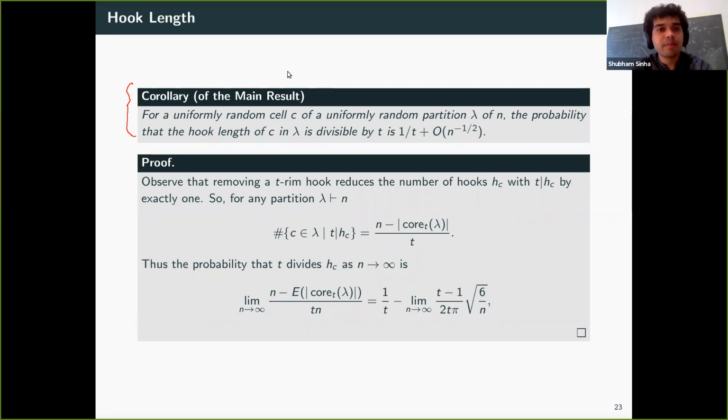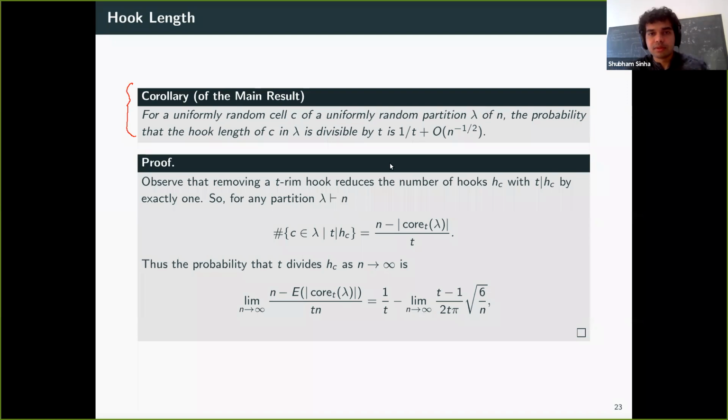So this can be used to give a very nice corollary, which says that for a random partition lambda, if you take a random cell, and you want the probability that the hook length of that cell is divisible by t, then it's going to be 1 over t when n is large enough.